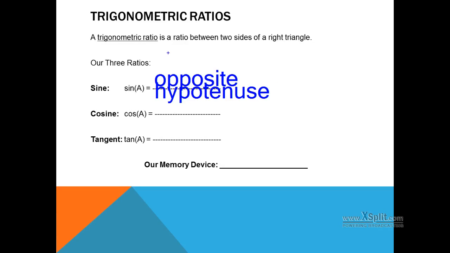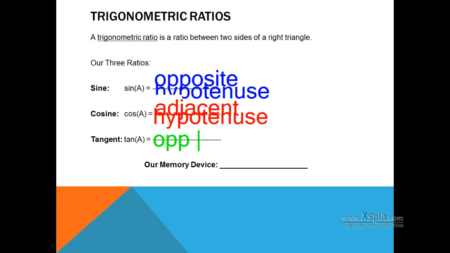I wish I could type smaller. I can't. Oh well. Cosine now, cosine is going to be the adjacent divided by the hypotenuse. And then the tangent function, I'm just going to go ahead and write that in green and write a little division sign. Tangent is going to be opposite divided by adjacent. Alright, so each of them are fractions.